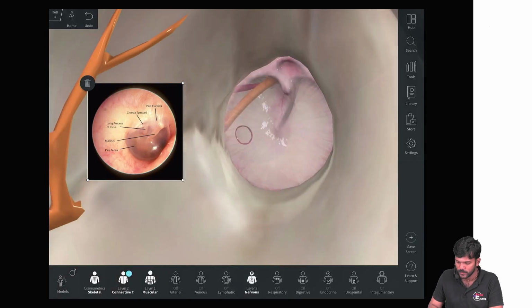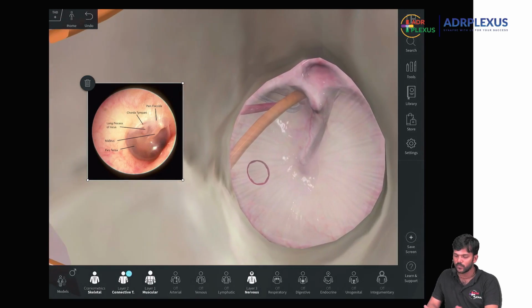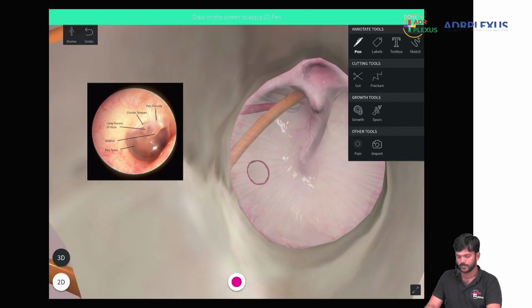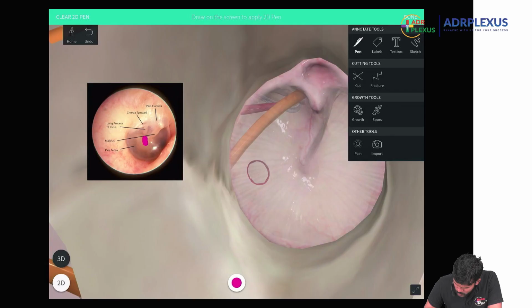Can you see here? You should see the projection or angulation of the umbo. This angulation of umbo, so this is an angulation of the umbo.